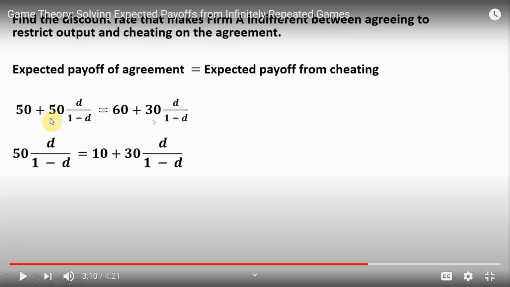So for us, to technically calculate it, you would put 50 there for the one-time cheating, plus 0 times the discount factor divided by 1 minus the discount factor. And the discount factor D is 1 over 1 plus R.